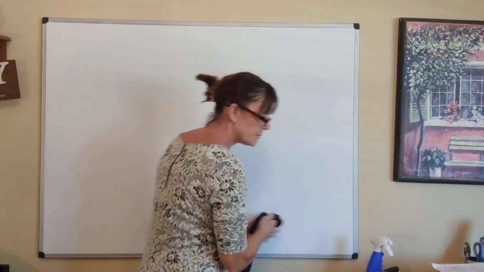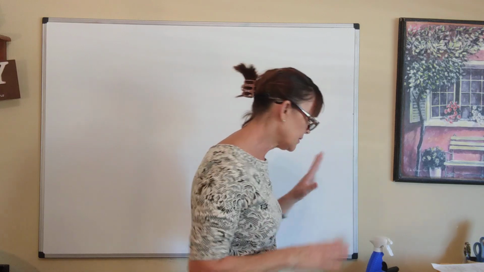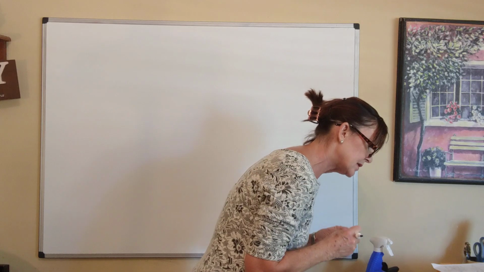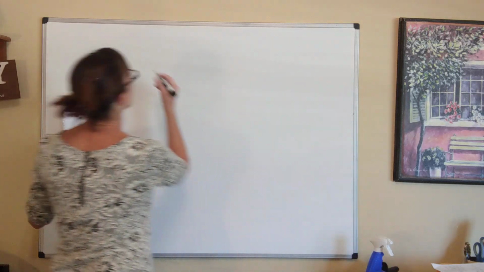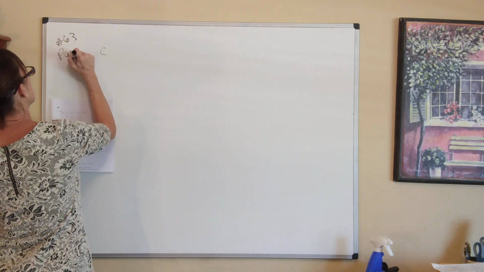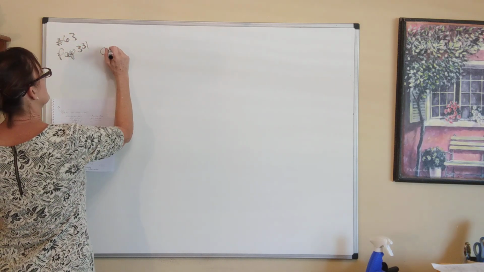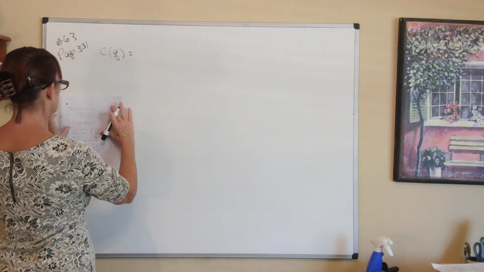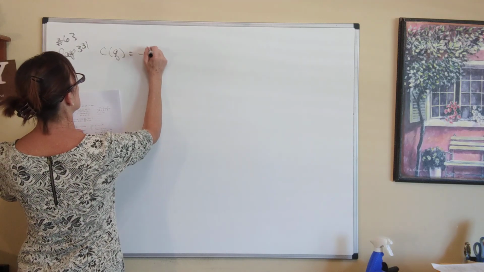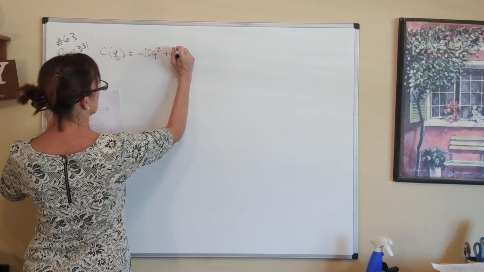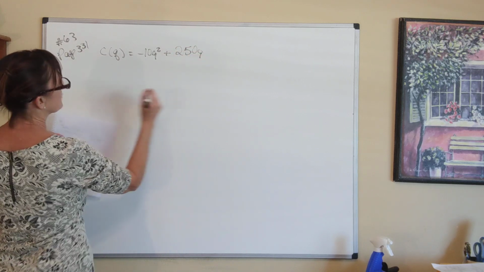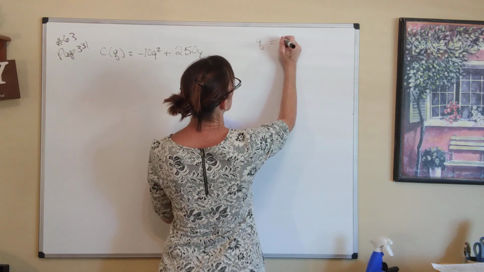So this is number 63 on page 331, and I just read it, and it's in front of you. So what we have is this cost function, C of Q, which is equal to -10 Q squared plus 250 Q, where Q is the number of electric cat brushes.